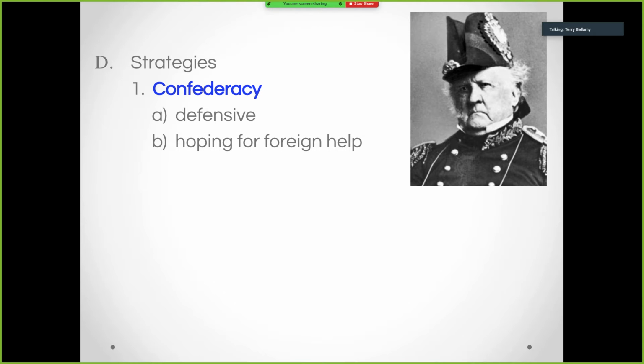They're hoping for foreign help. What's foreign mean? Yeah, far away. Other countries. Now, explain to me this. Why would any foreign country even think about helping the Confederate States of America fight against the United States of America? Really?